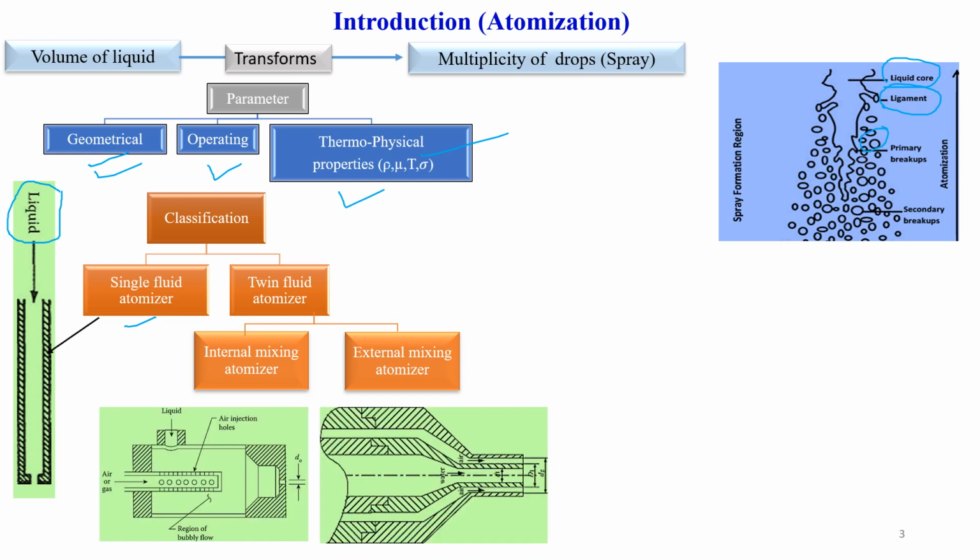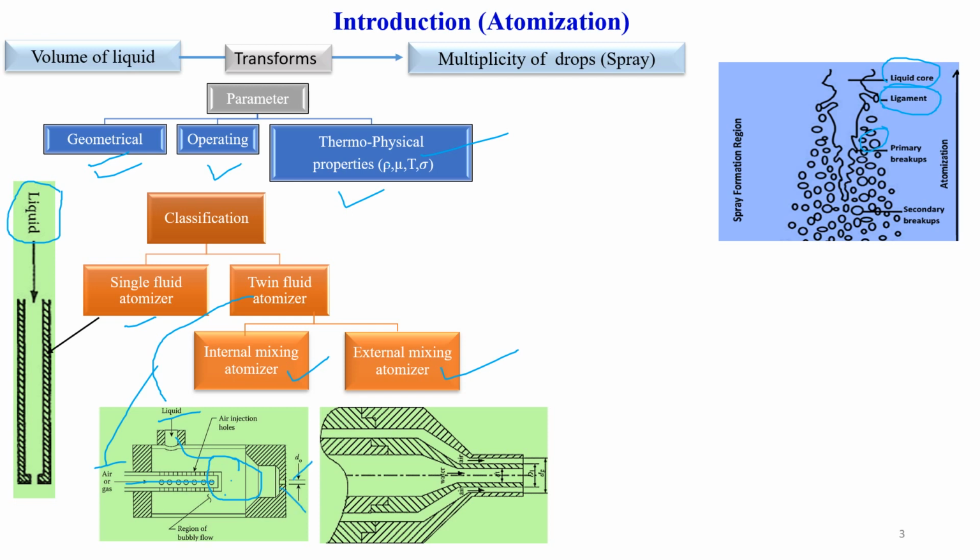It is further classified into internal mixing atomizer and external mixing atomizer. I already explained here that a twin fluid atomizer is nothing but liquid as well as gas used for the atomization purpose. Here this is the internal mixing atomizer. We can clearly see both liquid as well as air mixing inside the injector itself, so it comes out as a spray like this.